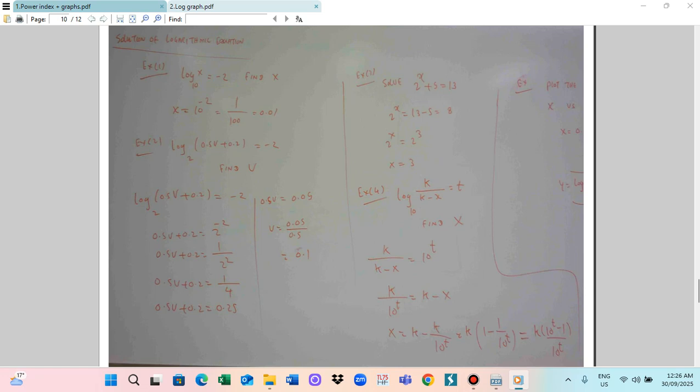Those are the exponential forms. So how do you put it in the logarithmic form? This is the equation: log m base b is equal to n. Then the exponential form we can write as m is equal to b power n.